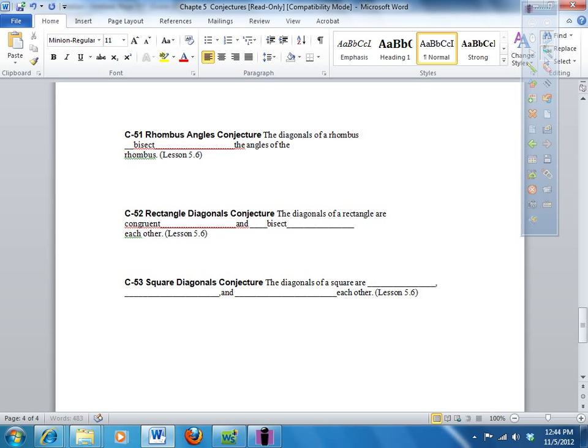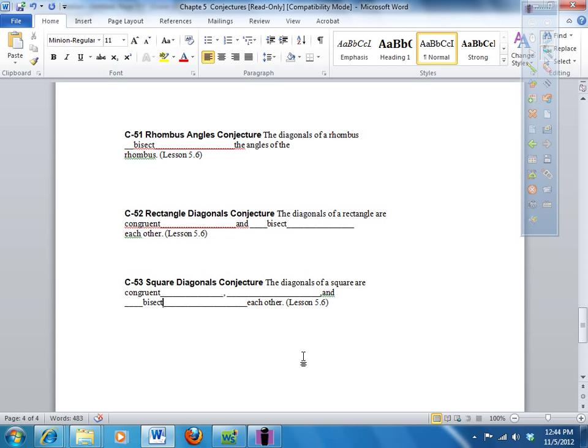I messed up. Now I'm erasing things over there. The diagonals of a square are congruent and what else? They are perpendicular and bisect each other. So they do all those things. But you should also say they're perpendicular, right?